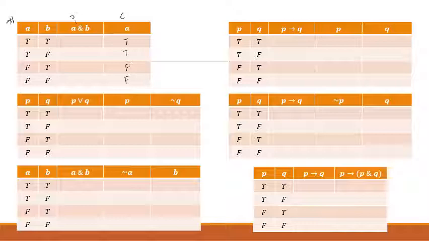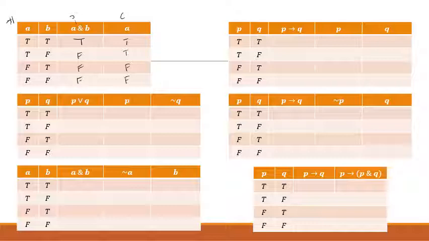A and B requires some calculation: the and is only true when both are true, but false otherwise. So that's going to be true up at the top, but everywhere else you're going to have one or both of the conjuncts being false, so the whole sentence ends up being false in the other situations.